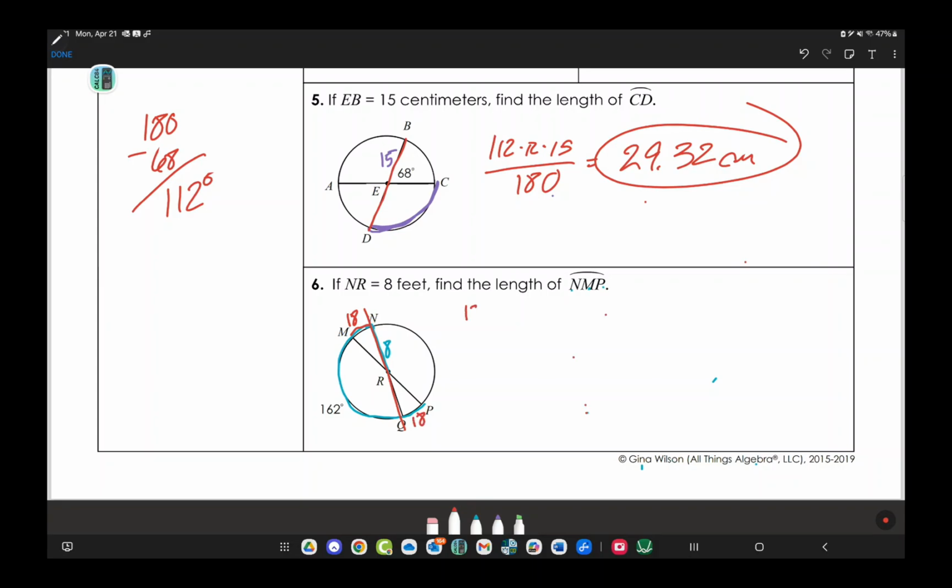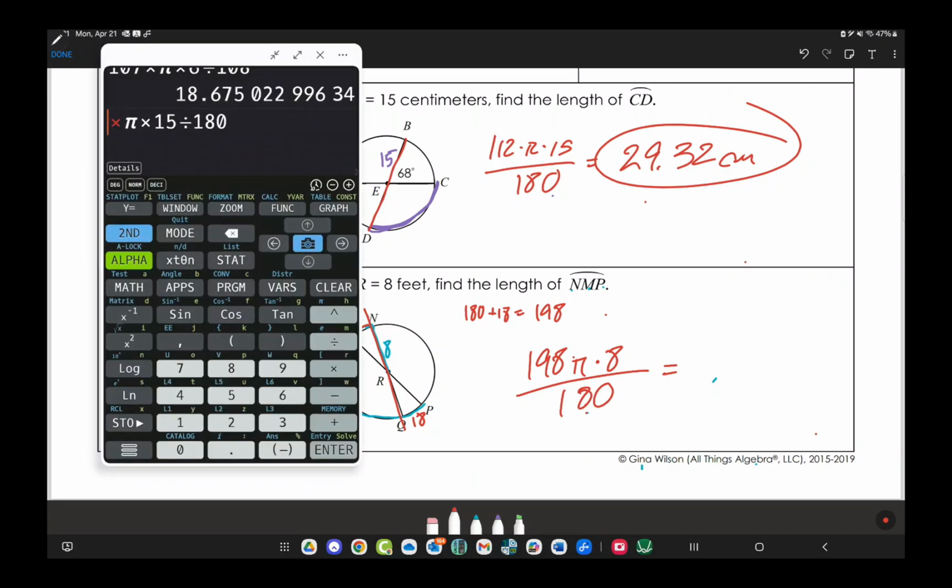So 180 plus 18, 198 total. So 198 times pi times the radius, which is 8, over 180. That's 27.65 feet.